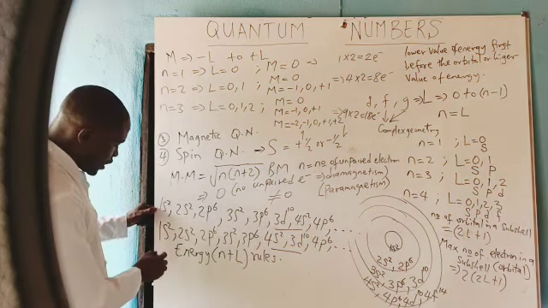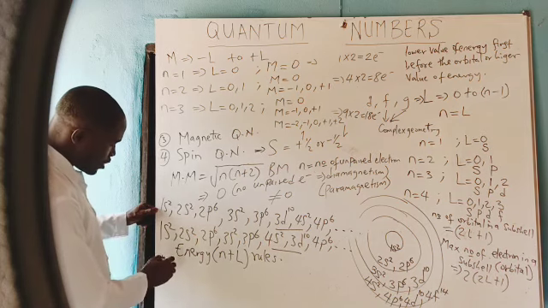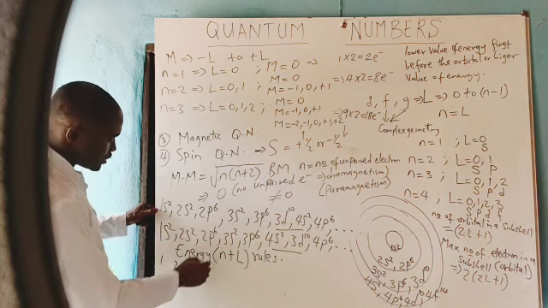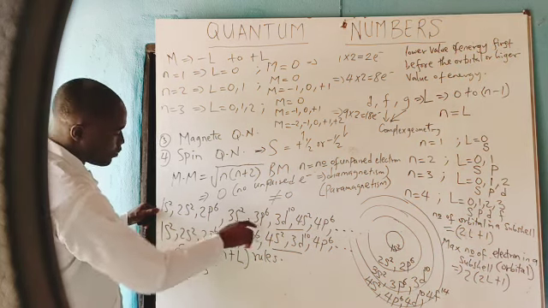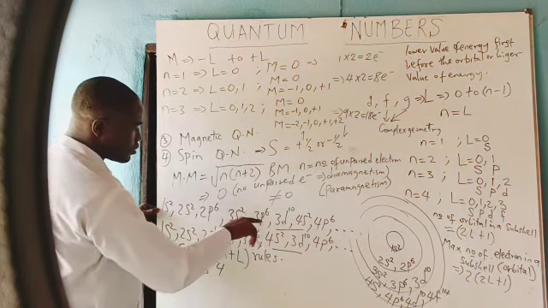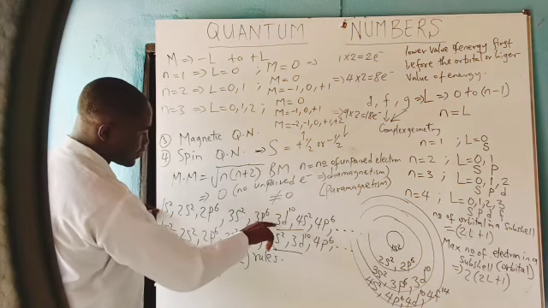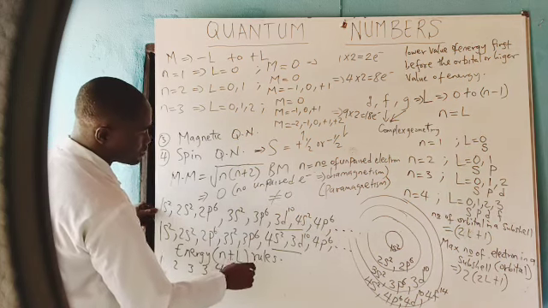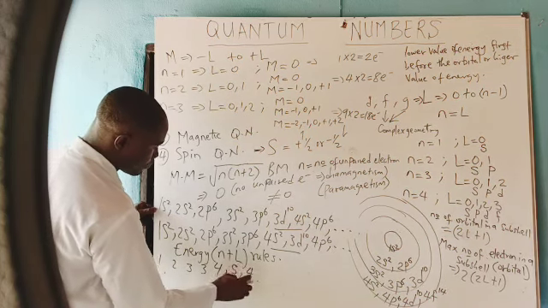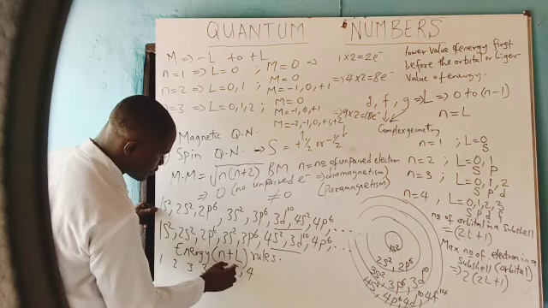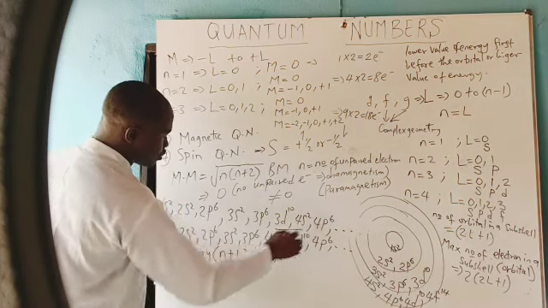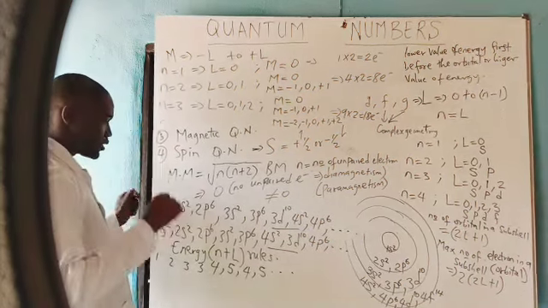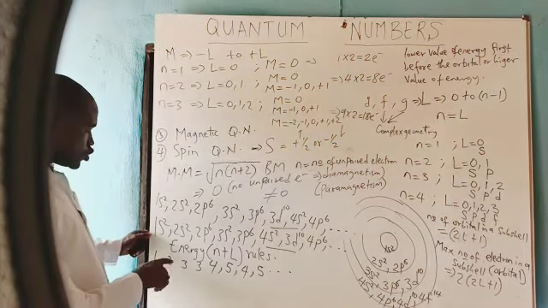So 1 plus 0 is 1. 2 plus 0, 2. 2 plus 1, 3. 3 plus 0, 3. 3 plus 1, 4. 3 plus 2, 5. 4 plus 0, 4. Then 4 plus 1, 5, et cetera. Okay. Which one should come first?